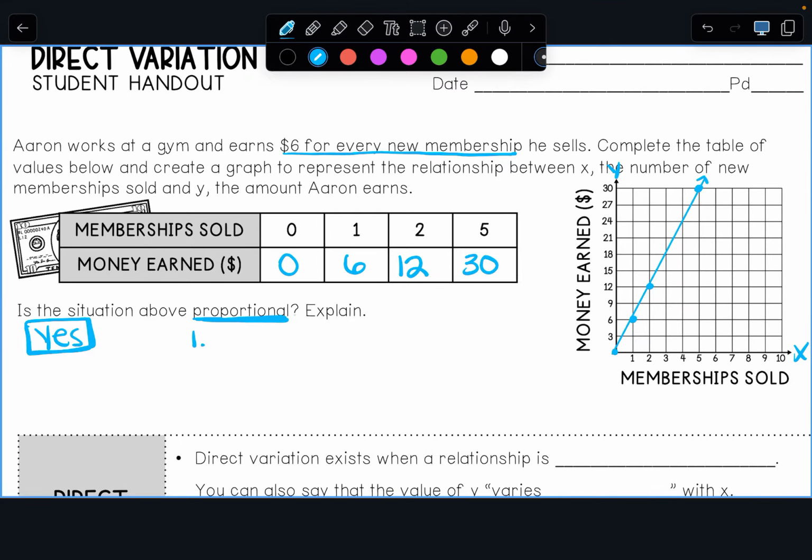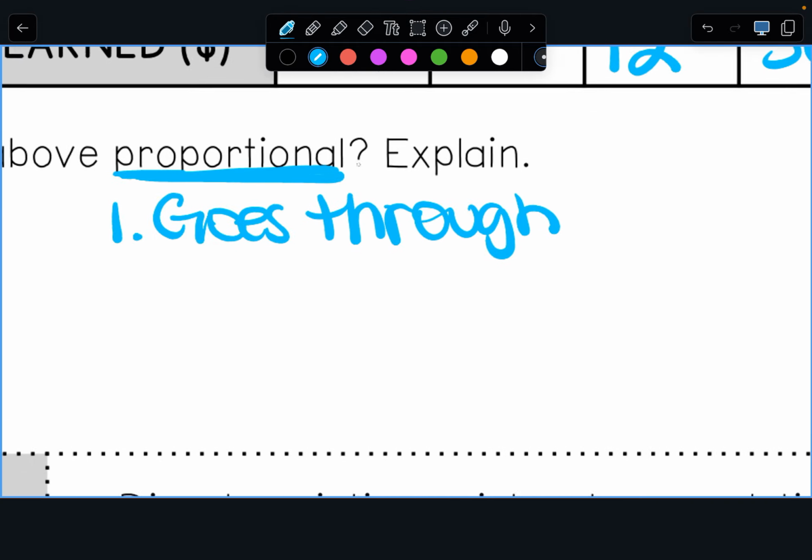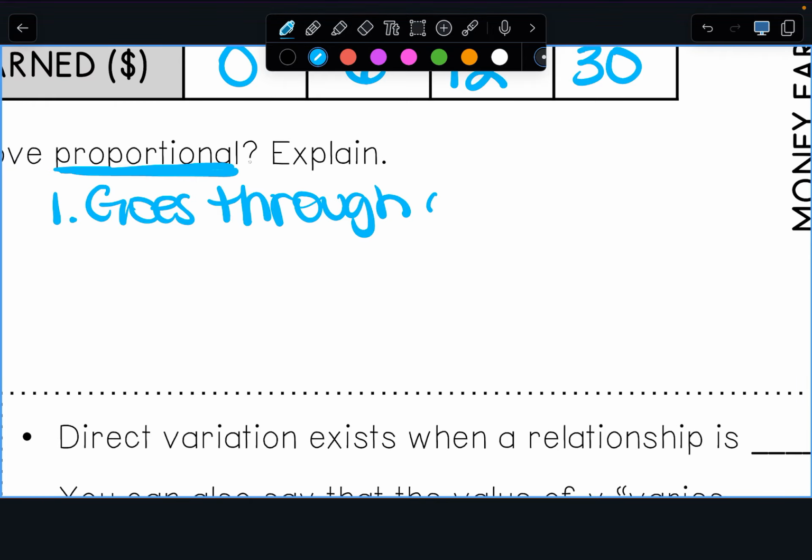First, it has to go through the origin. Hopefully everybody already has that. The line graph has to go through the origin, which is 0, 0. Okay. Next, it has to be a straight line.